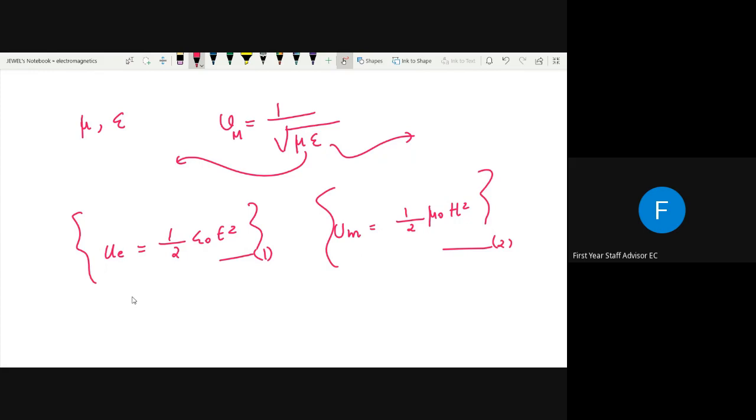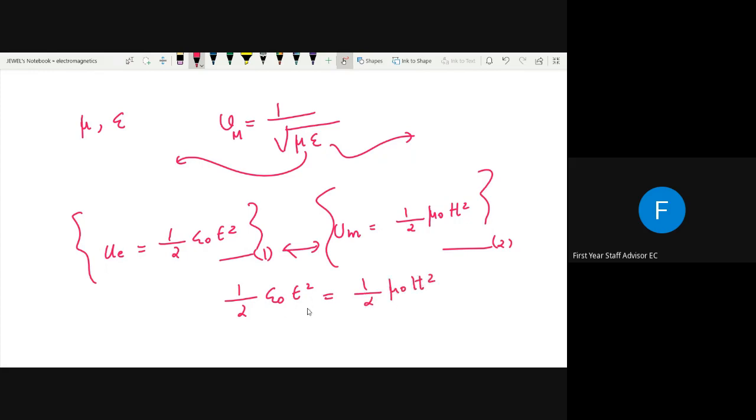In a symmetrical case, for a symmetrical electromagnetic wave, that means if the electric and magnetic field vibrations are symmetrical or equal, we can say these two energy densities are equal, or half epsilon 0 E square equals half mu 0 H square.